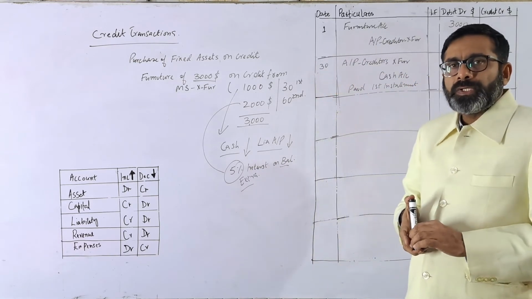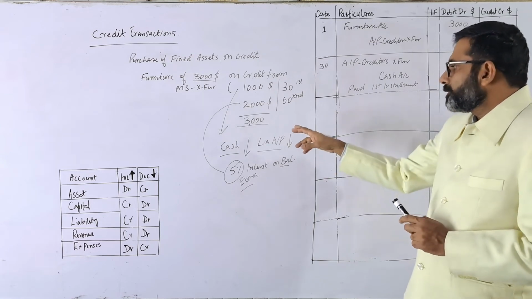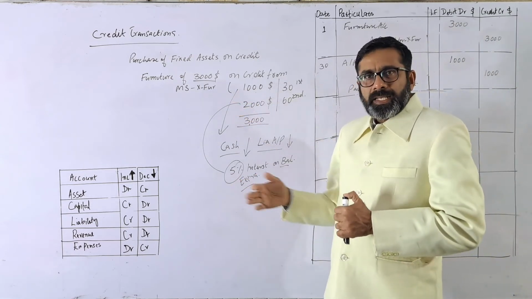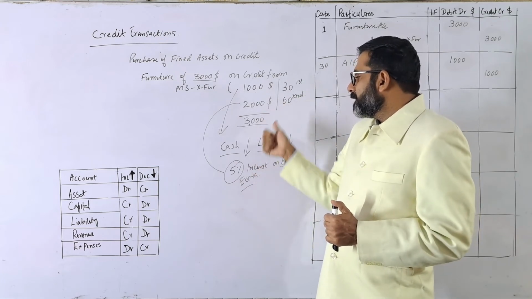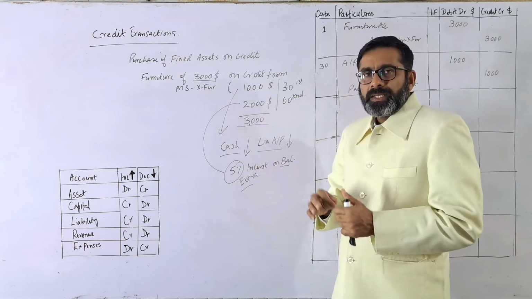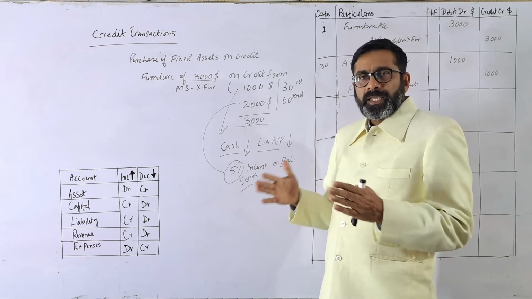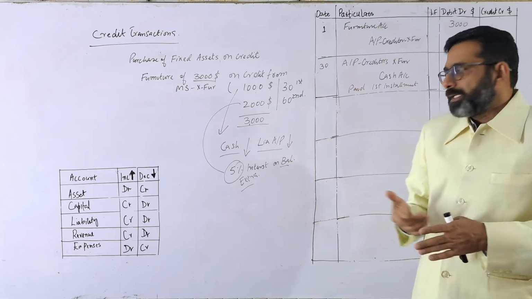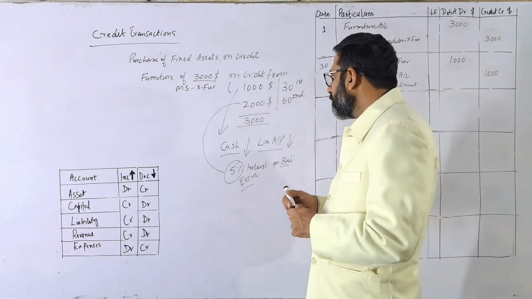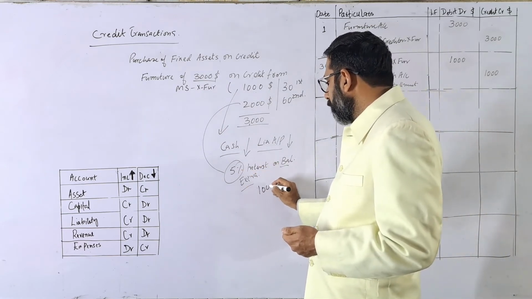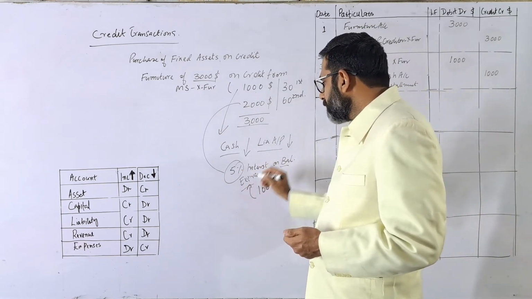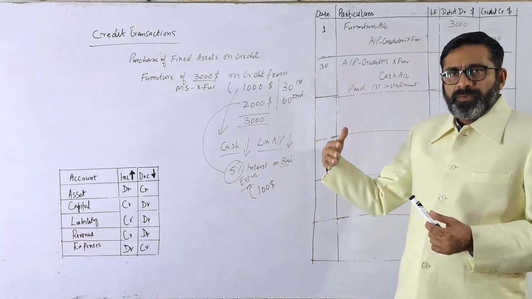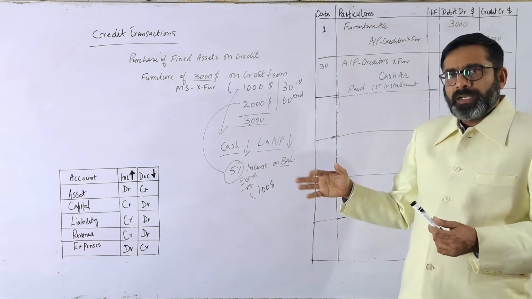Why are they charging you the interest? Because you are paying the first amount after 30 days, but the second amount, $2,000, you will pay after 60 days. They say because you are taking more time, you have to pay some extra interest. Let's say this interest is 5%, and we say you have to pay $100 extra as interest. Obviously, we will do the calculations later on, according to the agreement.